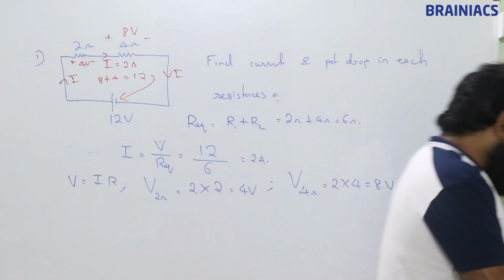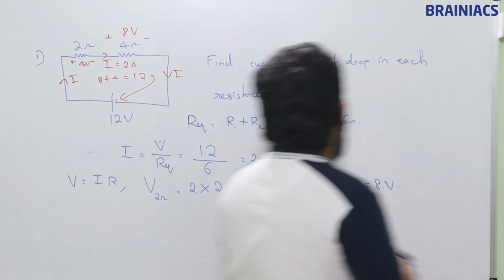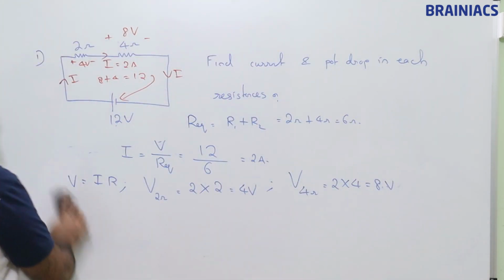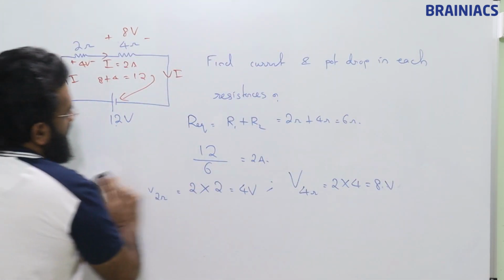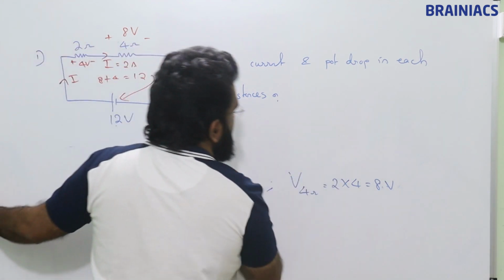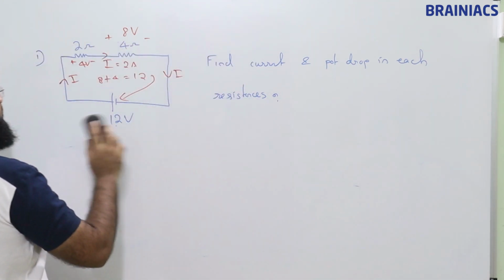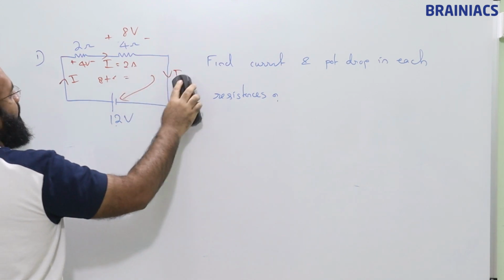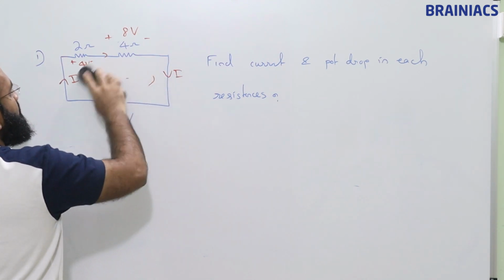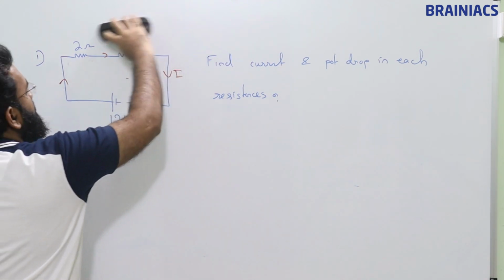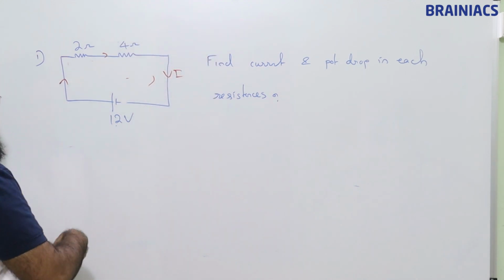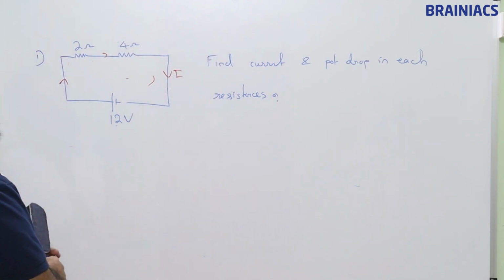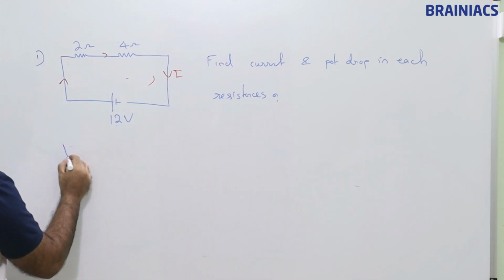Now you need not waste this much time here. Simply we can do this very easily without doing all this. We have seen the voltage division rule. Voltage division rule is what?